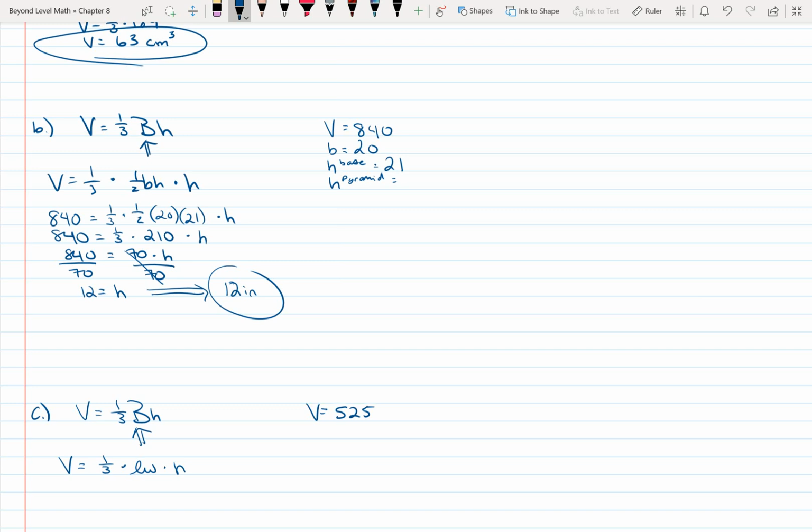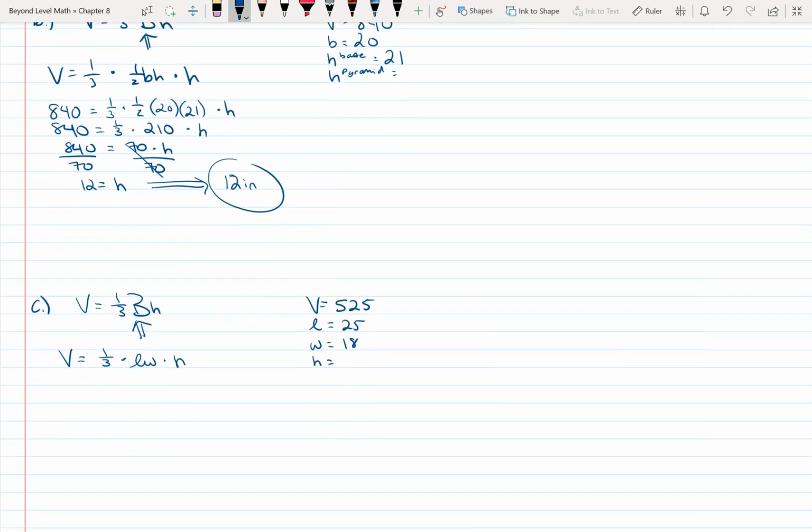It has a base, so length and width and height. It has a base of 25 feet by 18 feet. So 25 by 18, and we don't know the height. Alrighty, so I'm going to plug in what we know. 525 equals 1/3 times my length is 25, width is 18, times the height.